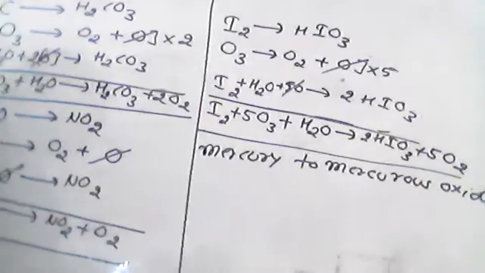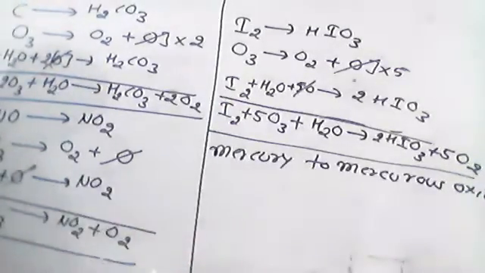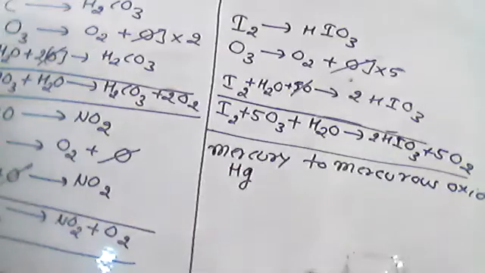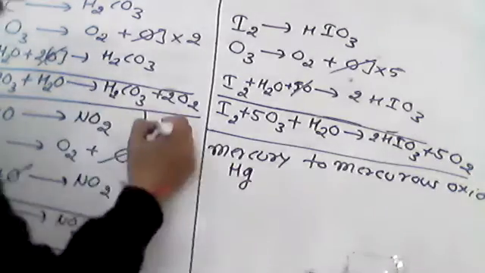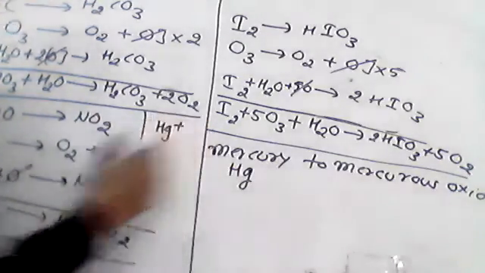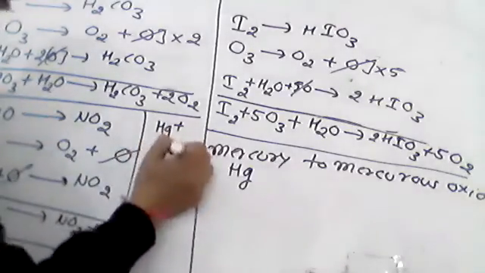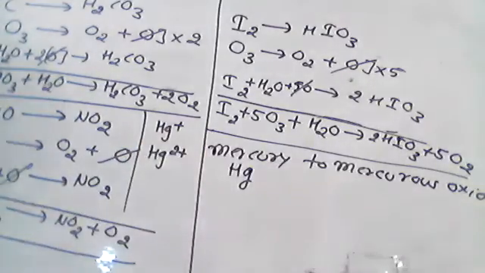Okay, let me do it. Two important things are here. First, mercury is represented by Hg. We have two oxides: one is mercuric oxide and one is mercurous oxide. I told you, Hg+ is mercurous, and Hg2+ is mercuric.